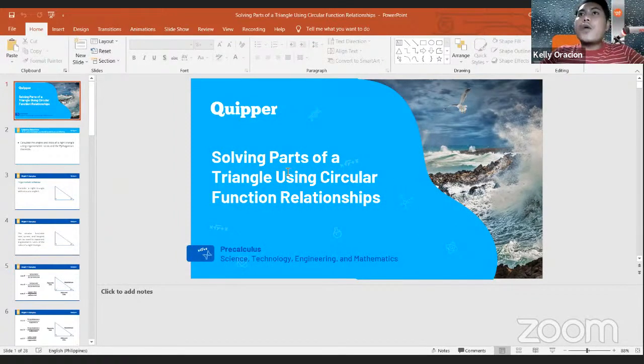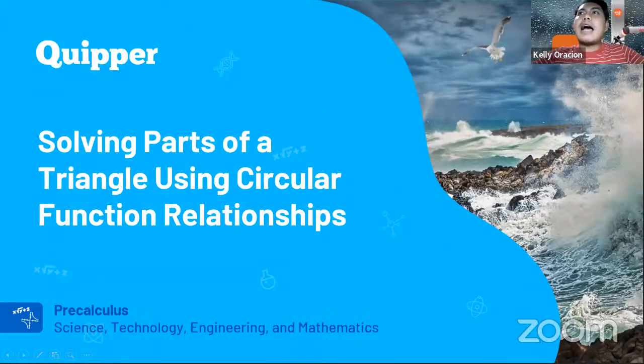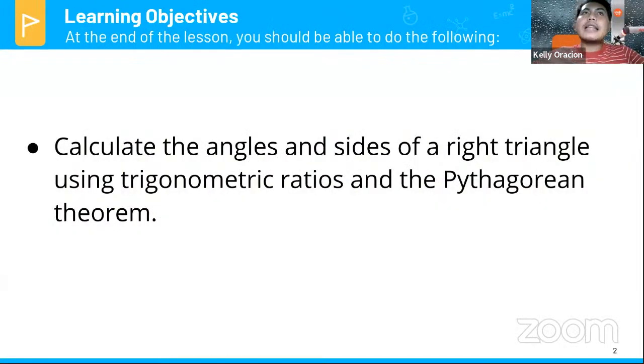So let's start our discussion about solving parts of a triangle using circular function relationships. The objectives this afternoon: at the end of the lesson, you will be able to calculate the angles and sides of a right triangle using trigonometric ratios and the Pythagorean theorem.